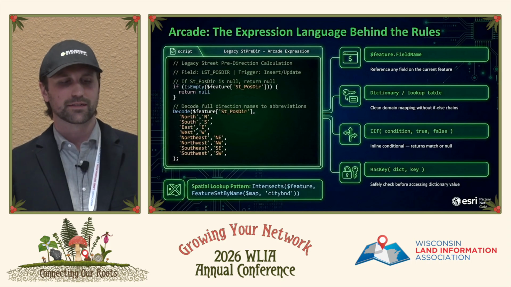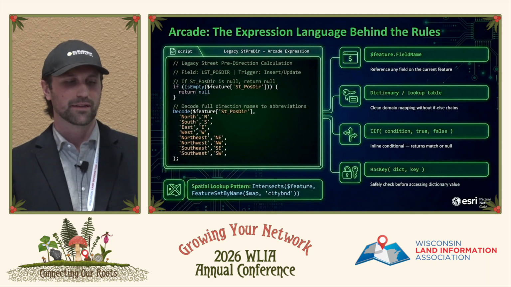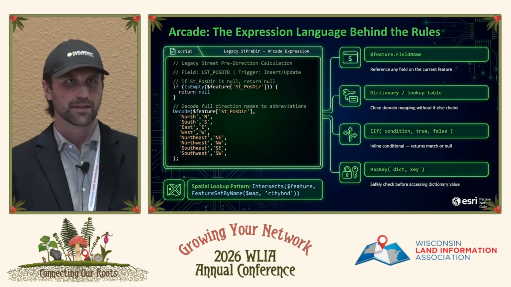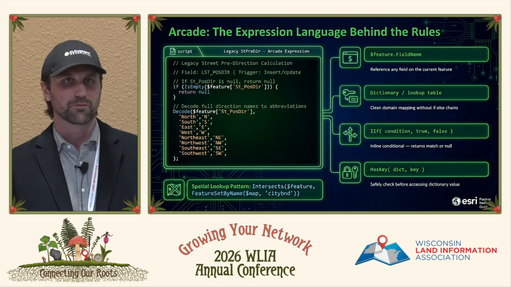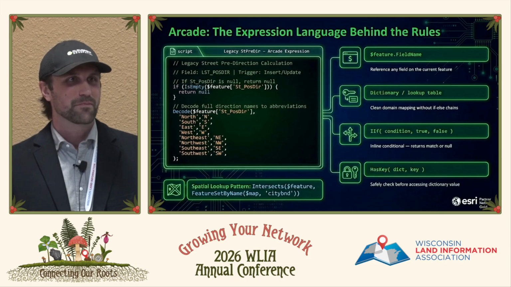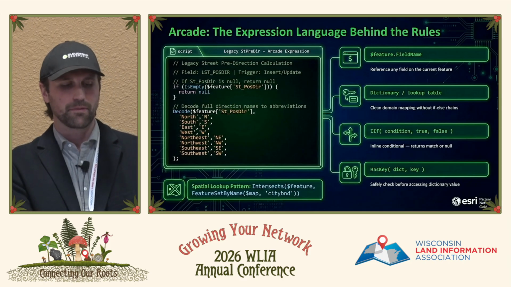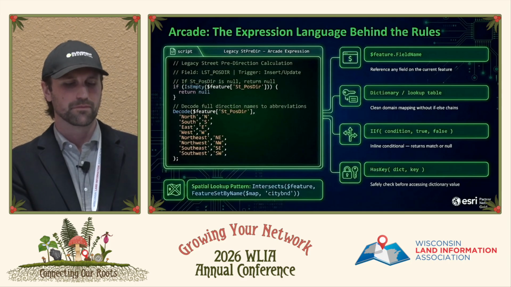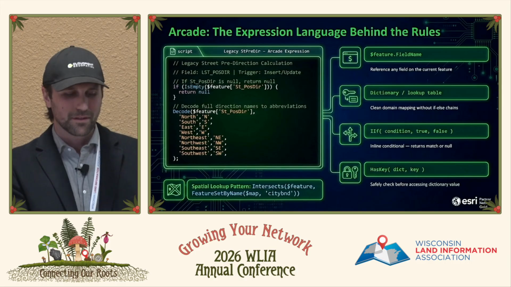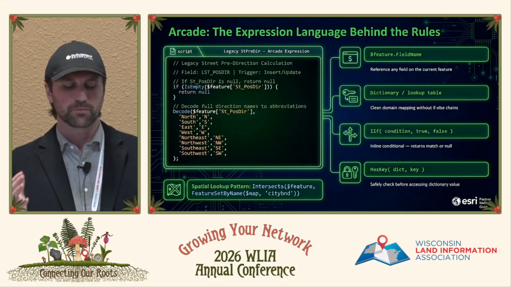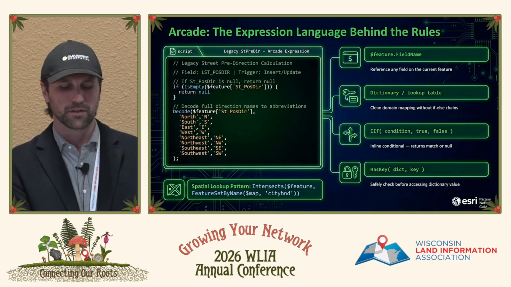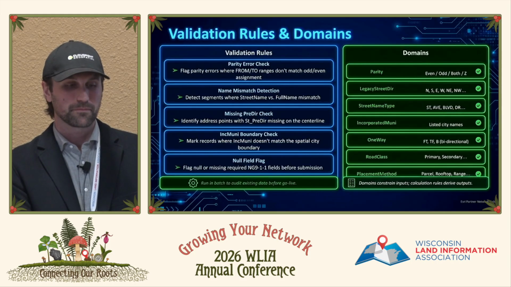This is an example of our legacy post-direction rule, where we're essentially reading the full name and populating it with the abbreviation. We also have the spatial lookup pattern template at the bottom, just as an aside, showing that you can do multiple things within that expression field.